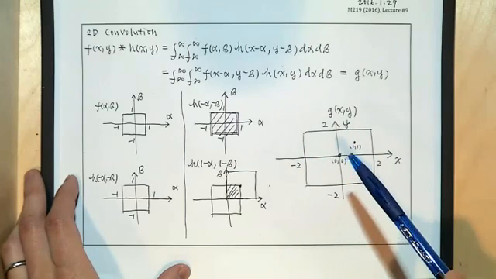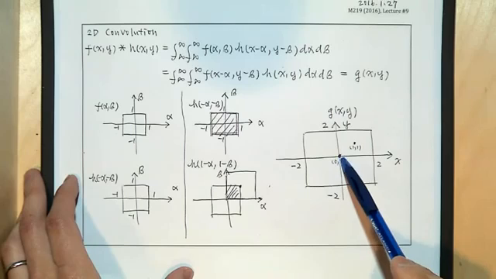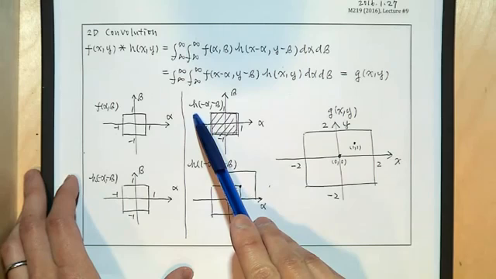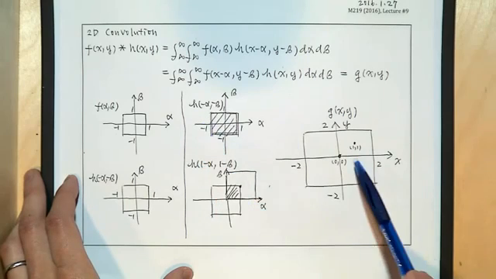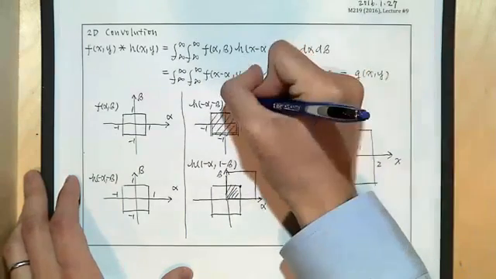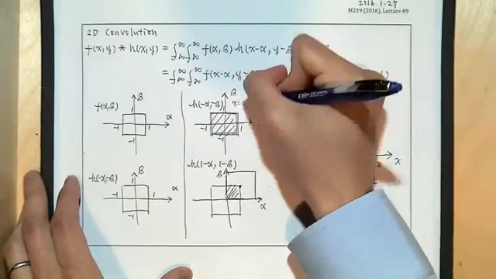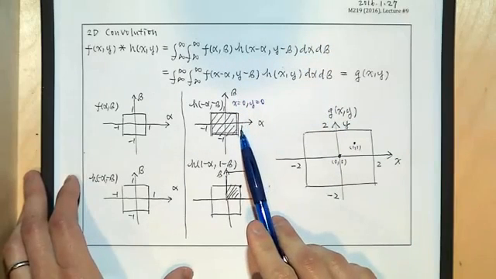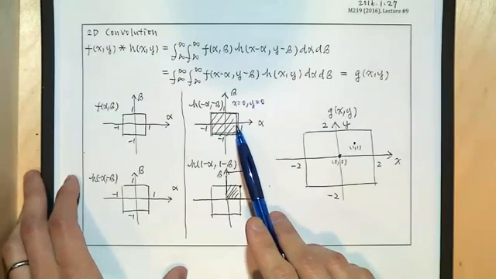And again, to get the results for different points in g, let's say 0, 0, we would shift h by that amount and look at the overlap between f and h. In this case, to calculate x equal to 0 and y equal to 0, right here, the two functions actually overlap entirely. So that will give us the maximum value in this convolution.